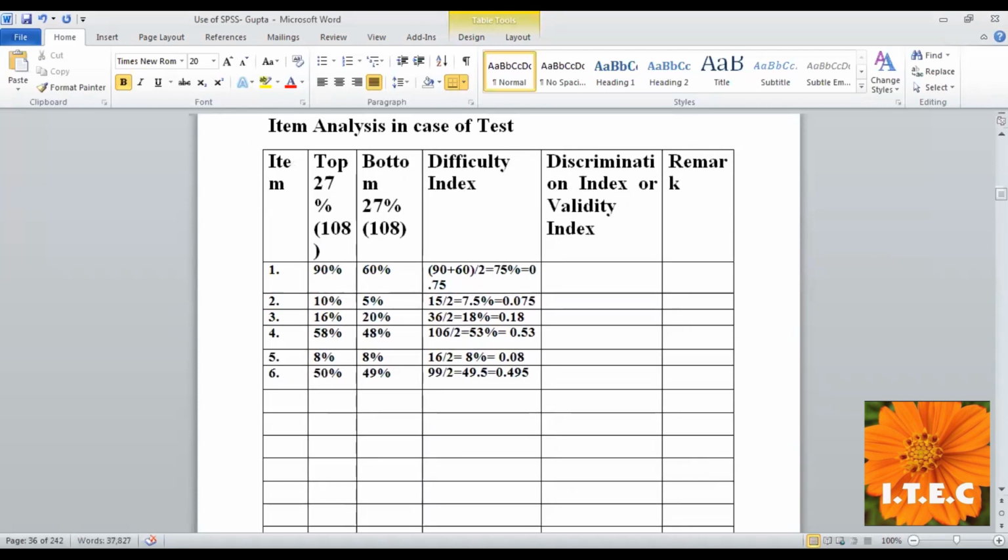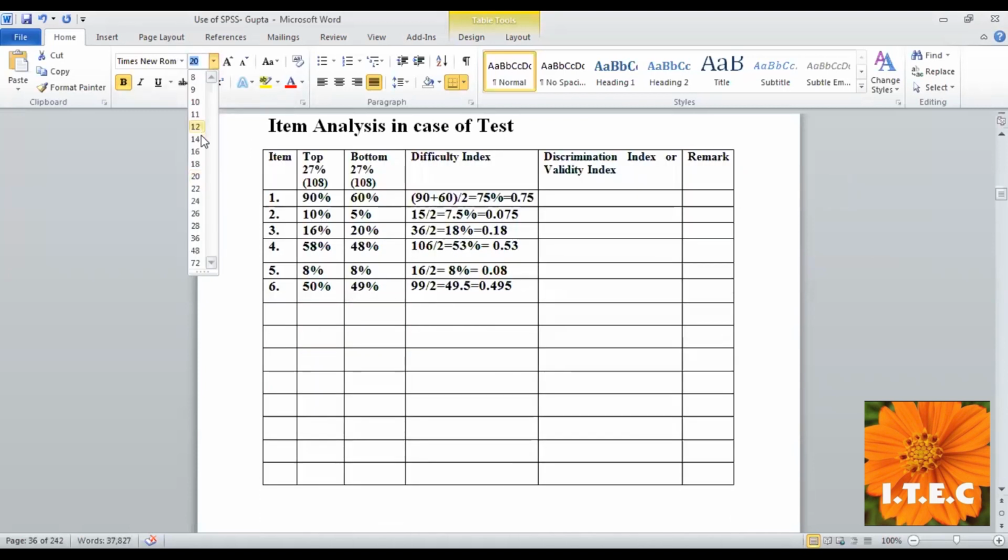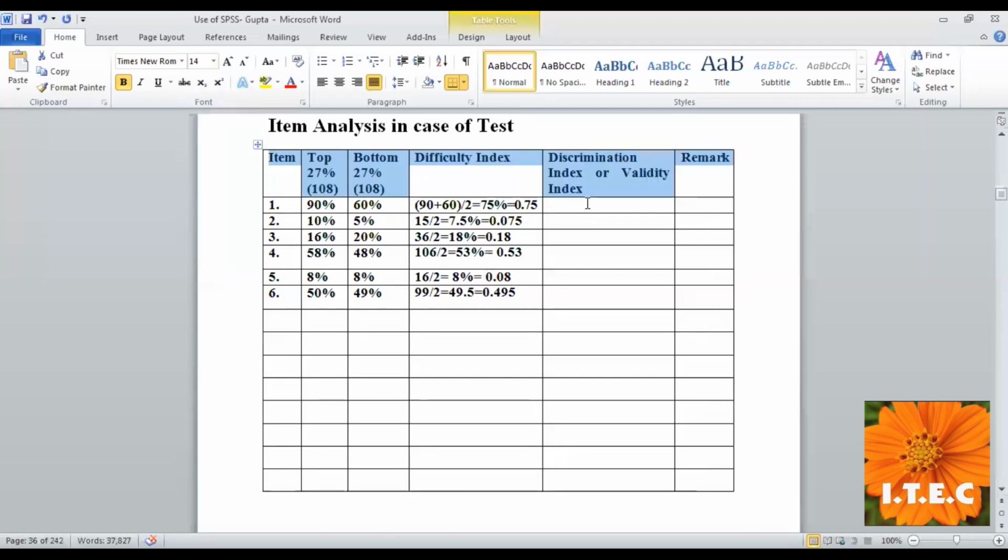Now we have to first find out the discrimination index. So let us see how we find the discrimination index.